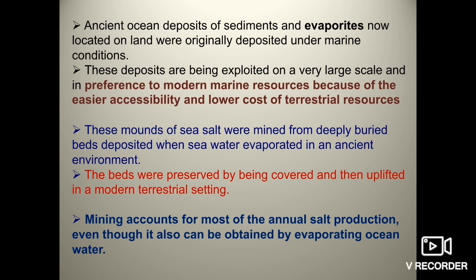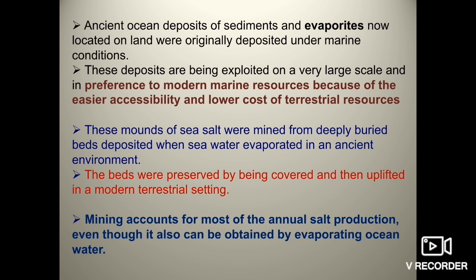So what is given here is that in ancient oceans, the deposits of sediments and evaporites now located on land were originally deposited under marine conditions. Because of other factors like sea level change, or the eustatic sea level change, that can be the prime factor for the lowering or deepening of the sea level.